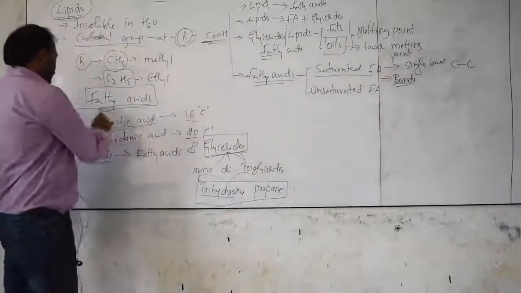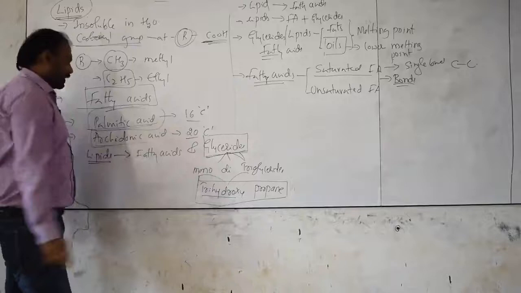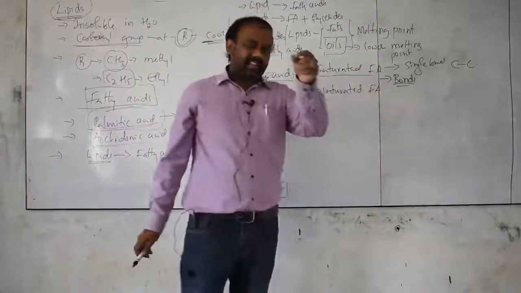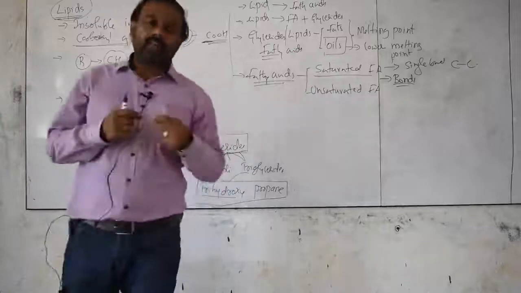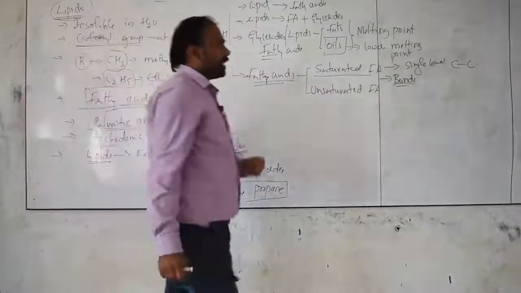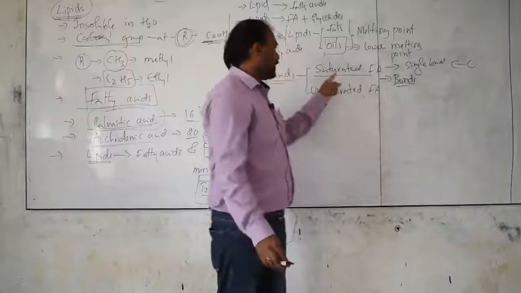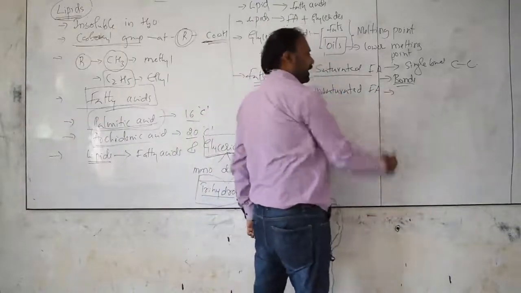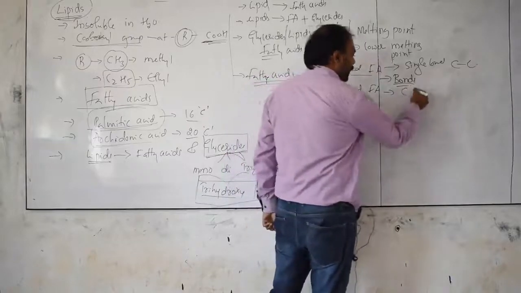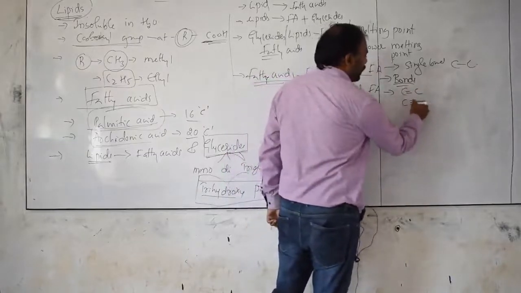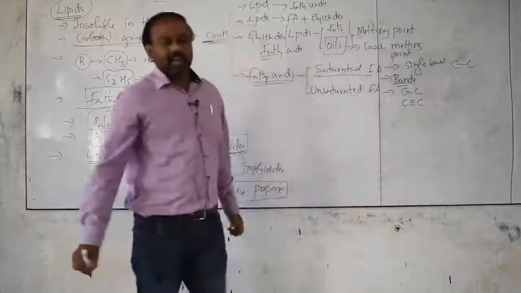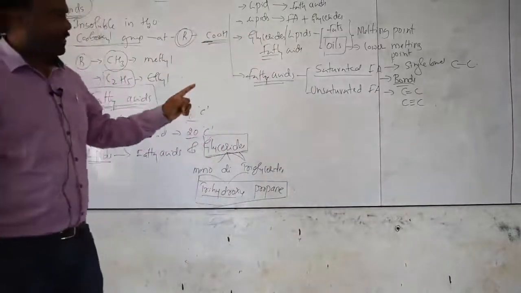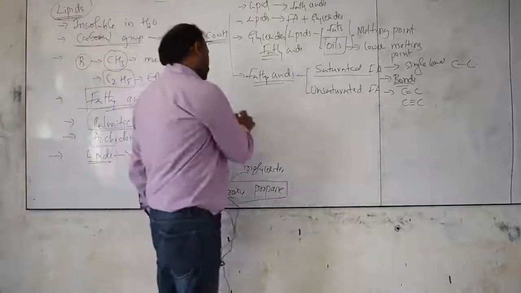Whether we take palmitic acid or arachidonic acid, whatever the lipid you take, where all the carbons are attached with single bonds is considered as saturated fatty acids. So in case of a fatty acid, if the carbon to carbon has a double bond or triple bond, it is considered as unsaturated fatty acids. Clear? So this is another topic.